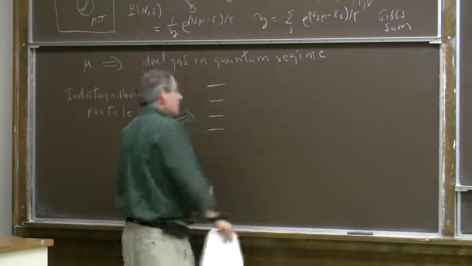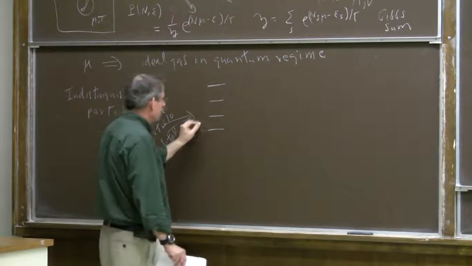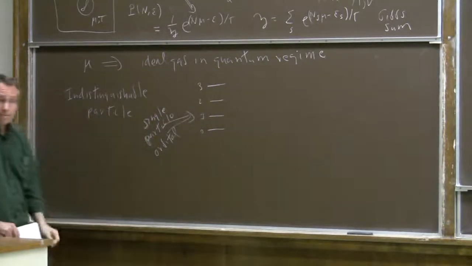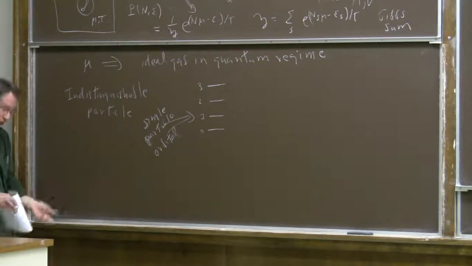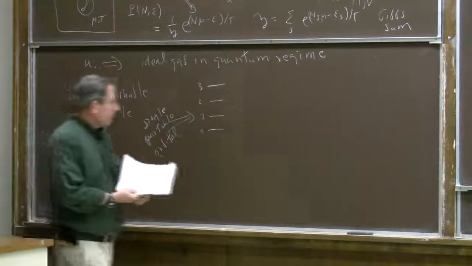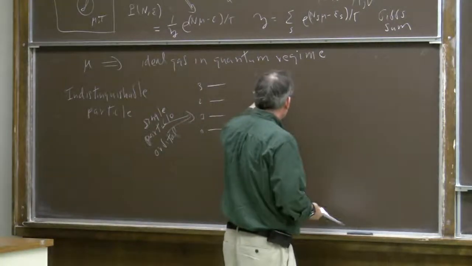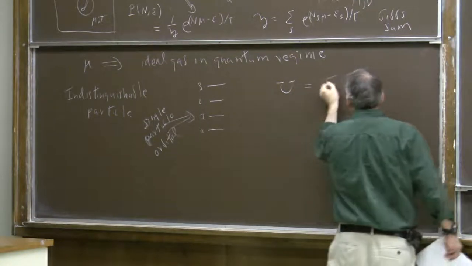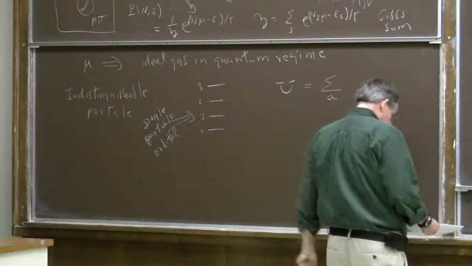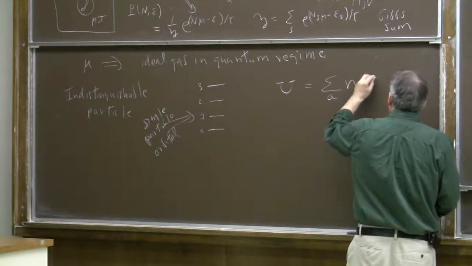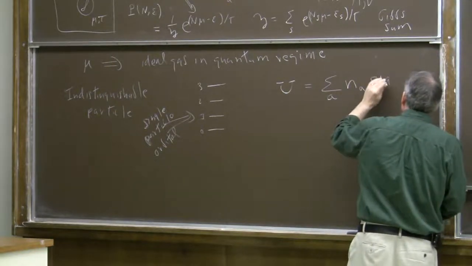If we imagine the system just had one particle, there's a ground state, a first excited state, second excited state, and so on. And if we put many particles in the system, if the particles are non-interacting, that means the total energy will just be the sum over orbitals, I'll use A to label the orbitals, of the number of particles in orbital A times the energy of that orbital.